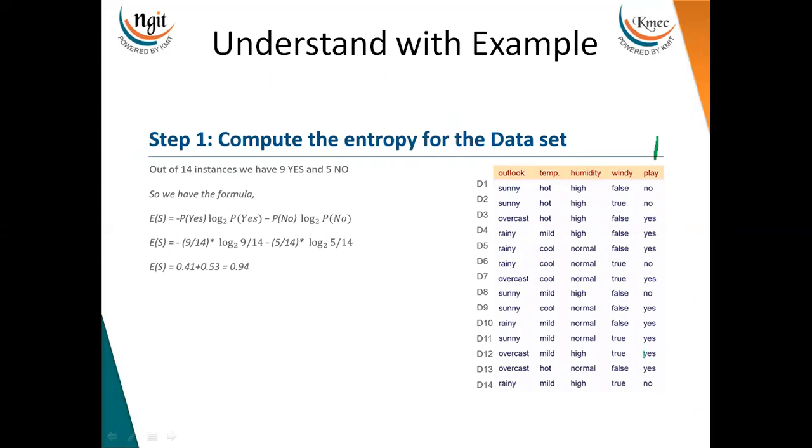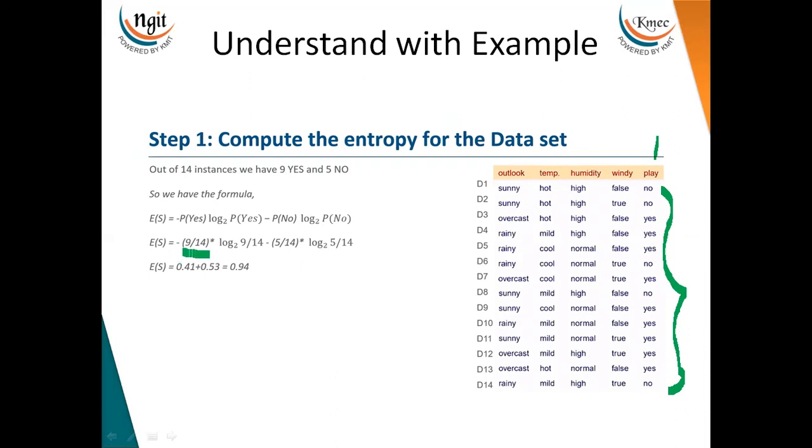Now in your entire data set, that is in the last column, find out how many yes are there and how many no are there. When you count, 9 yes are there. So the probability of your positive class is 9 by 14. It means out of the 14 observations, I am having 9 observations as yes.